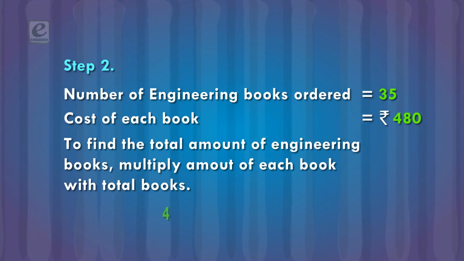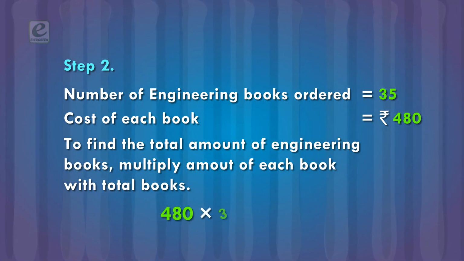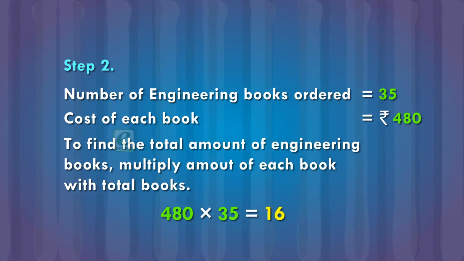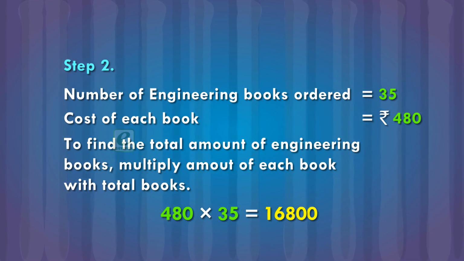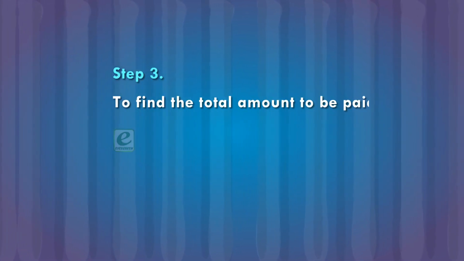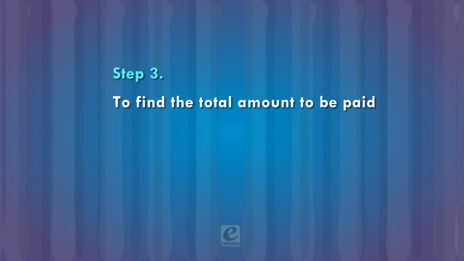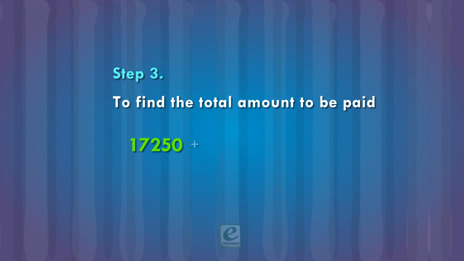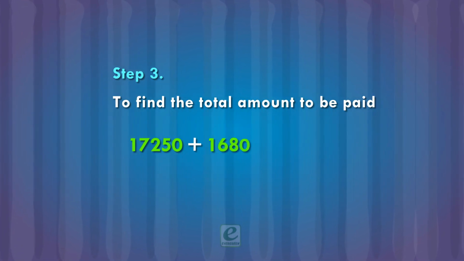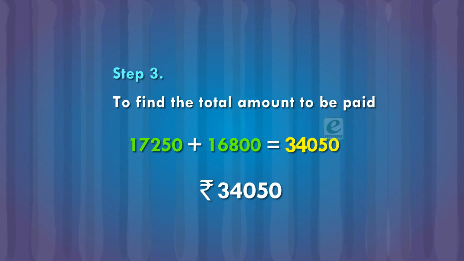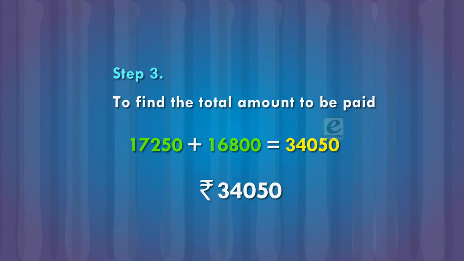Multiply rupees 480 with 35, which is rupees 16800. In step 3, to find the total amount to be paid, let us add rupees 17,250 plus 16,800, which is rupees 34,050.